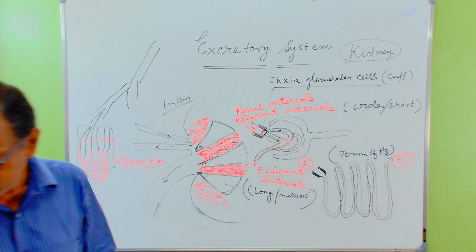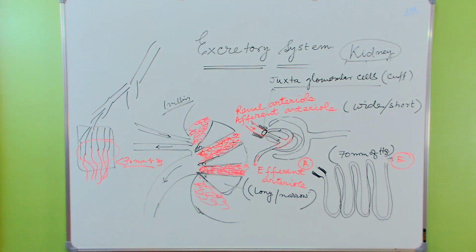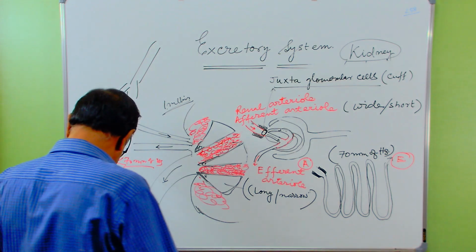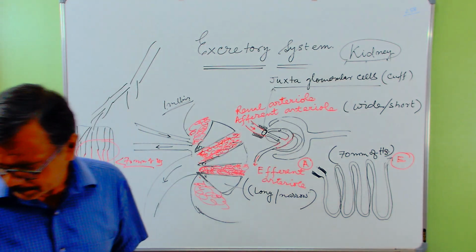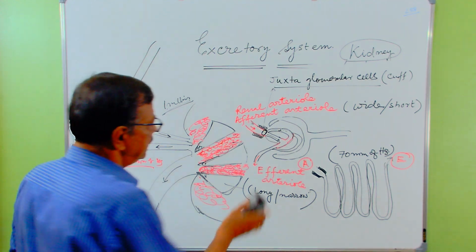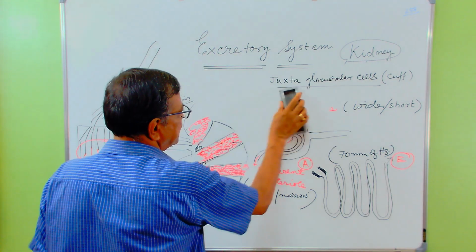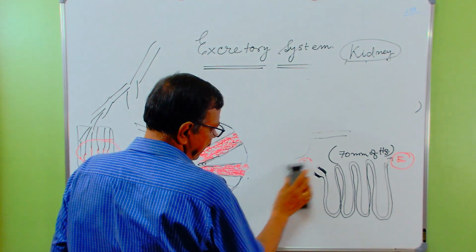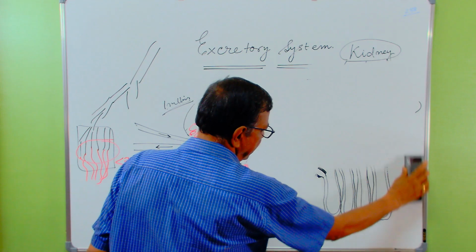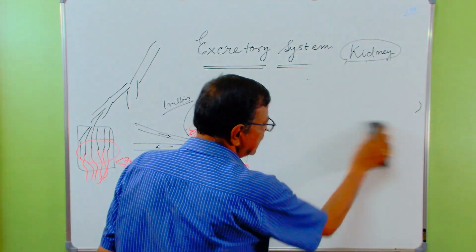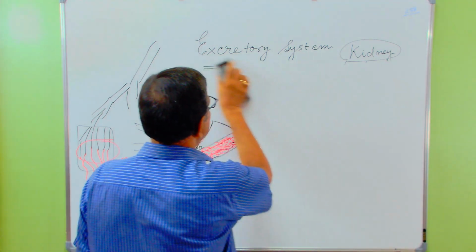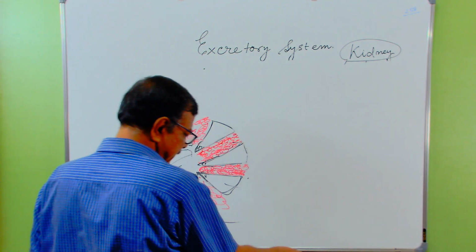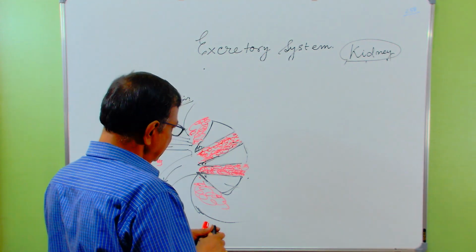Now, nephrons are of two types. Based on the position of the glomerulus, they are divided.